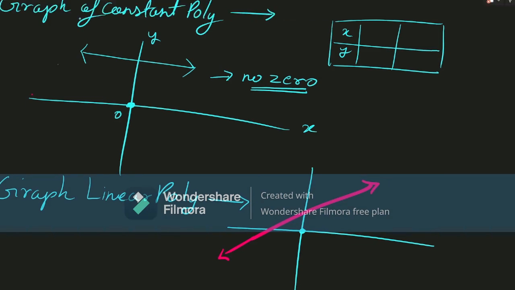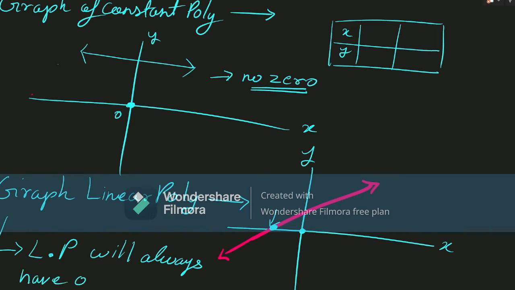Now, where does this line intersect the x-axis? It intersects over here, right? That's the intersection point. So, according to this graph, and also in general, a linear polynomial will always have one zero only.